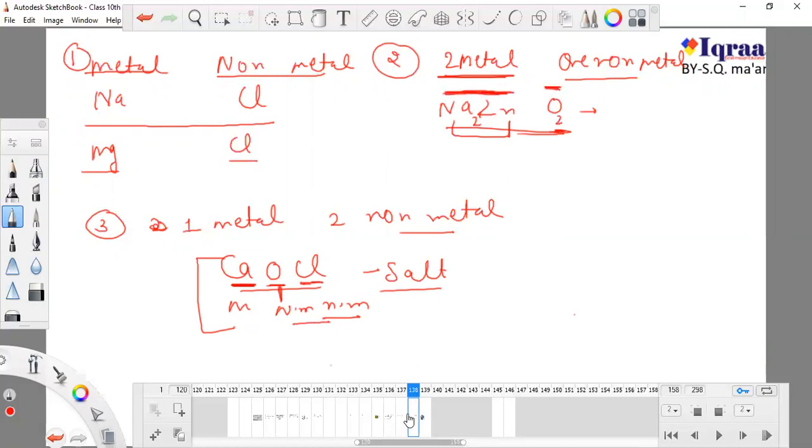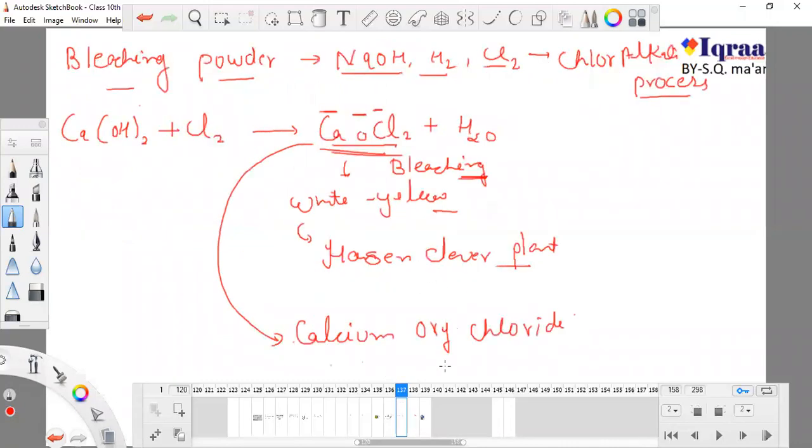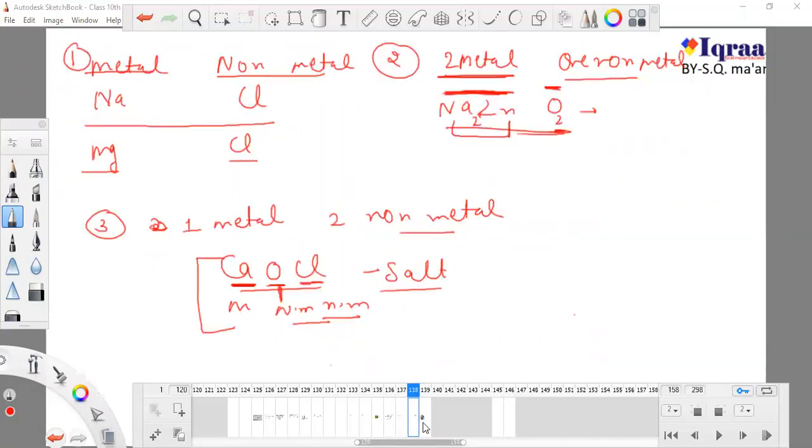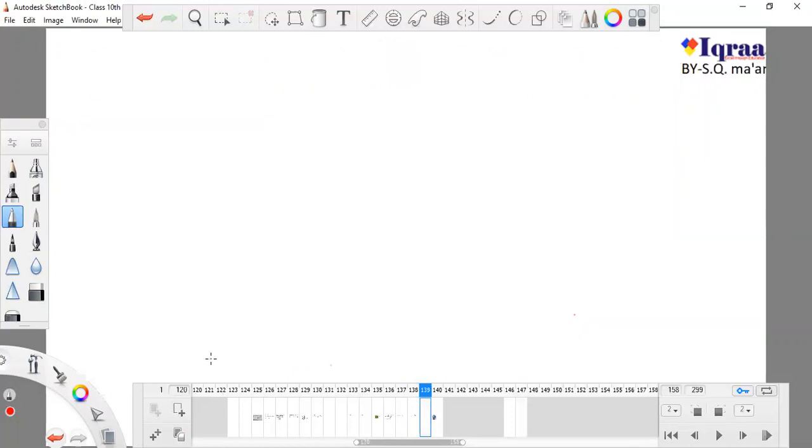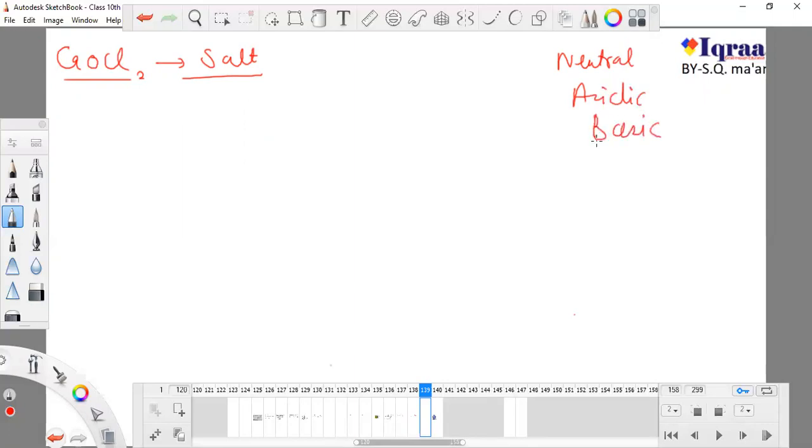So we were studying calcium oxychloride. This is our bleaching powder. First of all we need to learn about the pH of calcium oxychloride. As it is a salt, we studied that there are three types of salt: neutral, acidic, and basic.